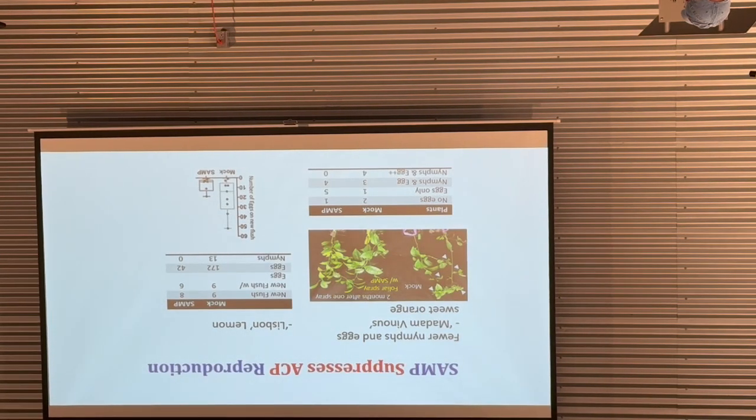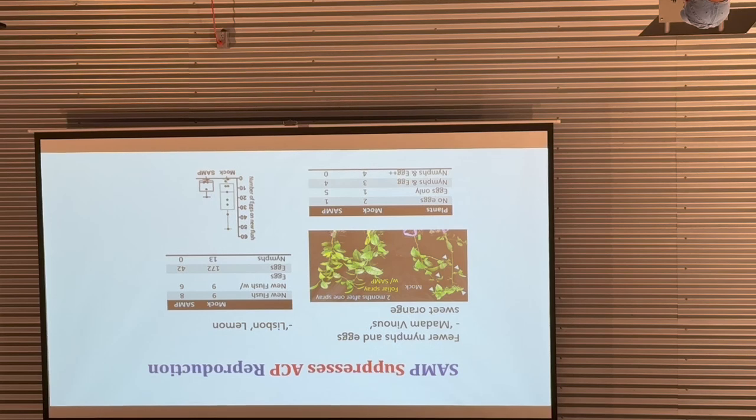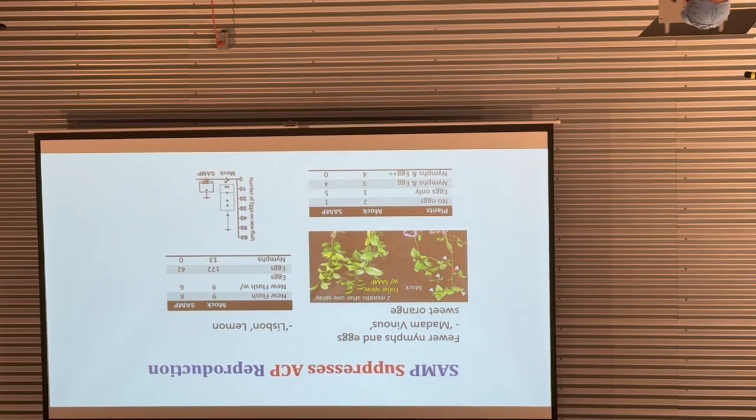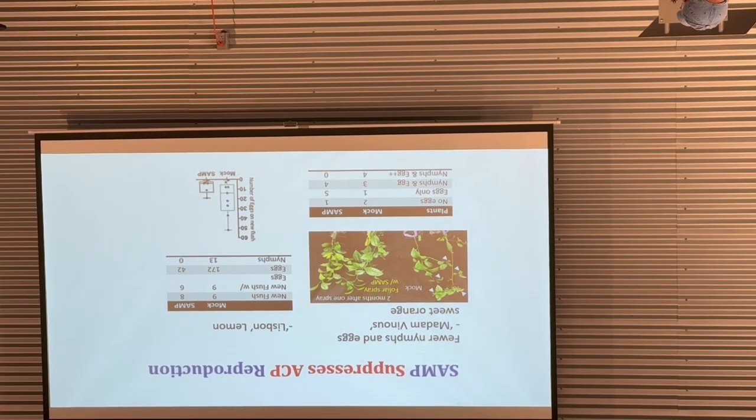This is some data showing that the treated plants are not that favorable for the Asian citrus psyllid. The plants have fewer insect bites, and the eggs and the nymphs of the Asian citrus psyllid have fewer productions in the treated tree.